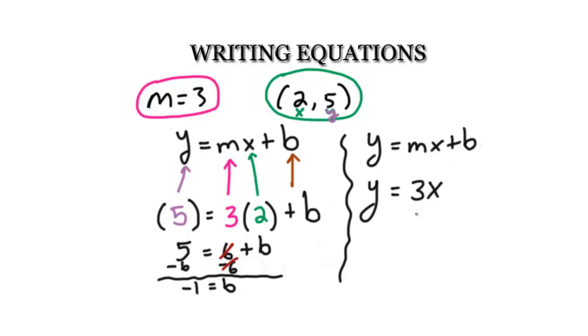And then the b is the -1, so you can make it plus -1 or just make it as -1, right? And then this is the equation, right, the linear equation that represents the line with the slope of 3 and passes through the point (2, 5), and we're done, and we're happy.